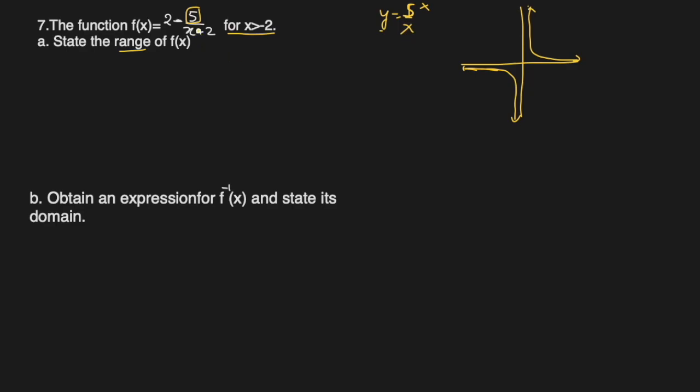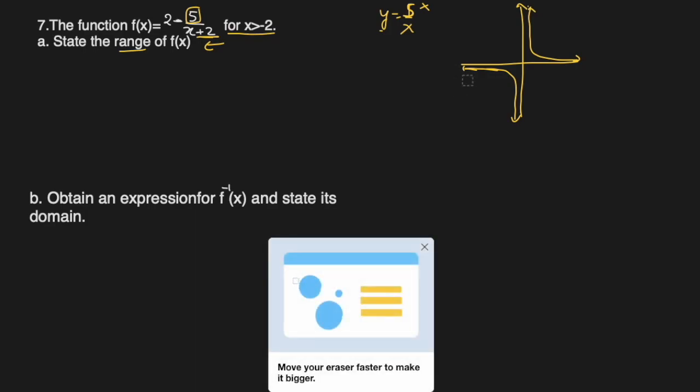All right, now because of this plus 2, it's with x, so it will be an effect on x, horizontal direction, and it will be to the left by 2 units. So right now the asymptote is the vertical line. This line, let me erase the original one, this one.